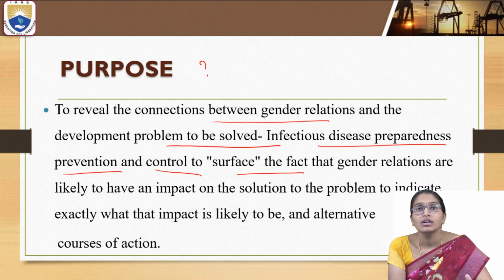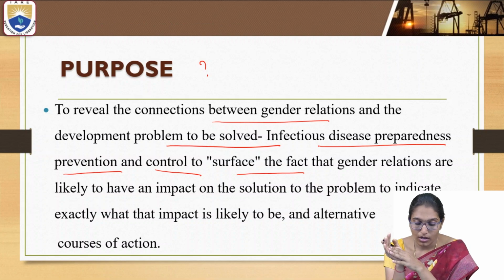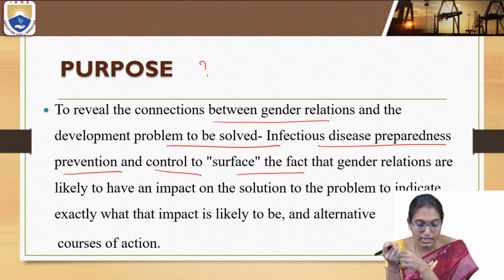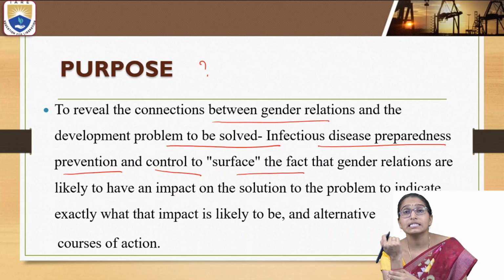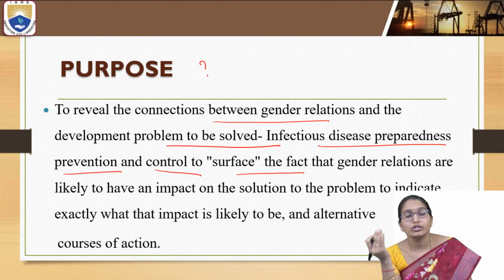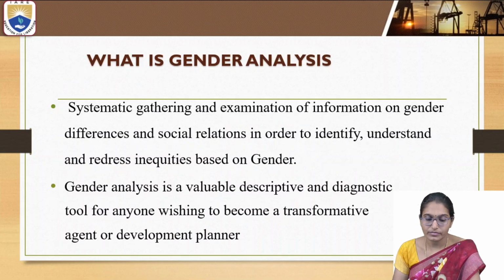So we should see what is happening, and how to control it if something is happening, and prevention, and how it relates to both genders. It gives the connection between the two genders and how we can eradicate the problem between these two genders in order to promote each gender equally. So this is the purpose of carrying out the gender analysis.